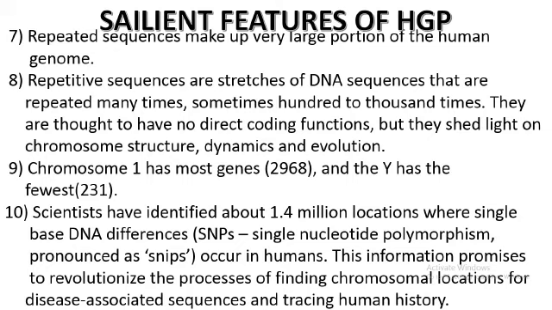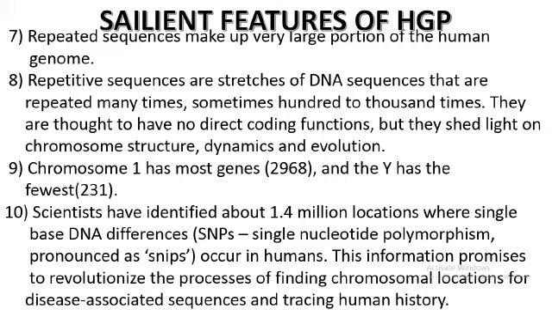So these are the 10 salient features of the human genome project. There are many, but for your level, these 10 salient features are more than enough. Dear students, remember this is a very important part. You have got a 5 marks question: list out the salient features of HGP. Naturally here you have a problem with goals and salient features. Don't get confused.